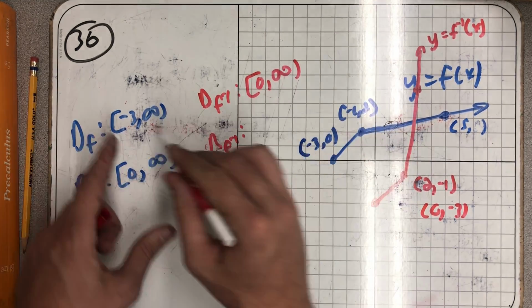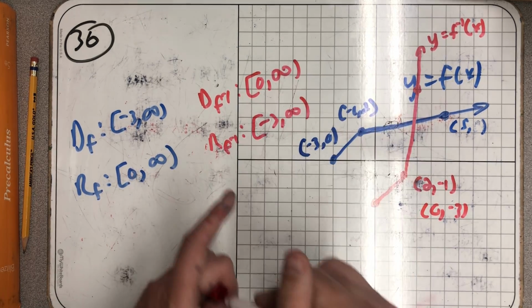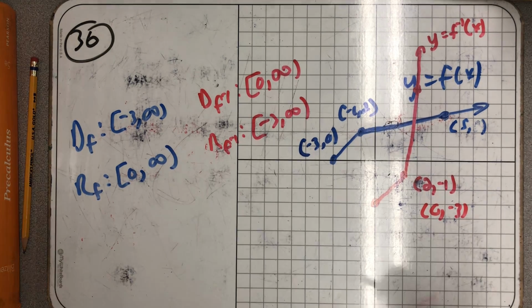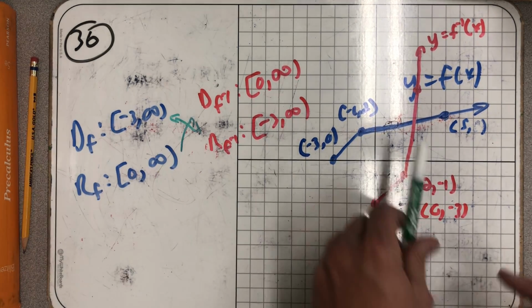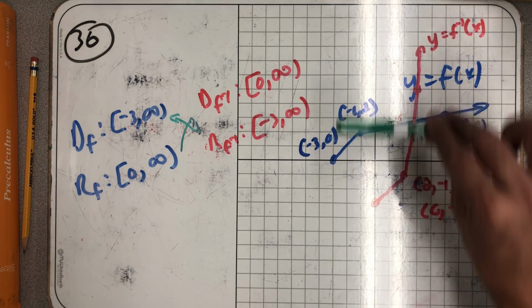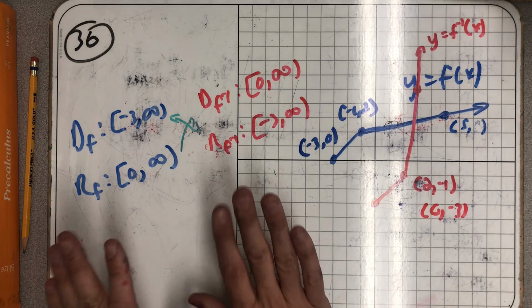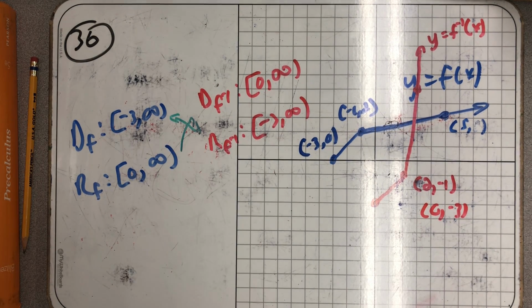The x's became the y's and the y's became the x's. And that's all I really need to know to write down these domains. Now it's nice that in this right graph, all the x's are from 0 to infinity, and all the y's from -3 to infinity. So I could have gotten domains and ranges from the pictures or from each other. That was number 36.